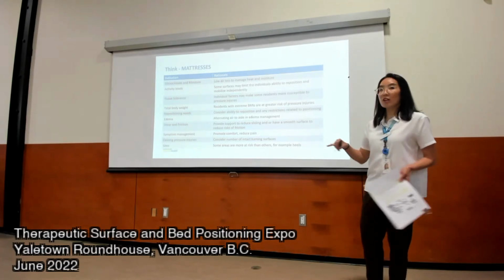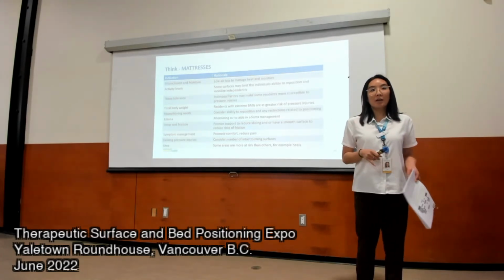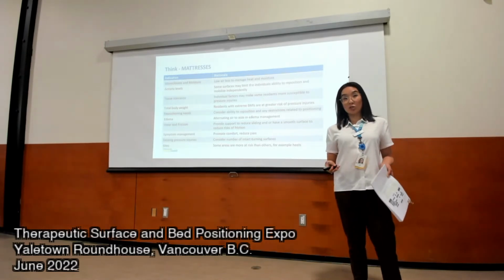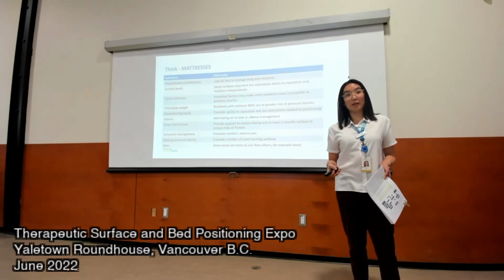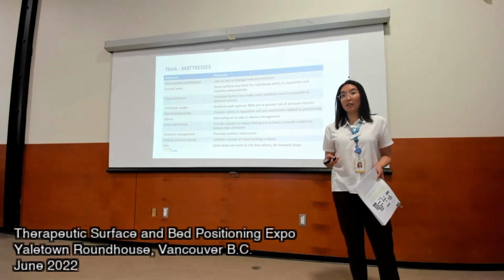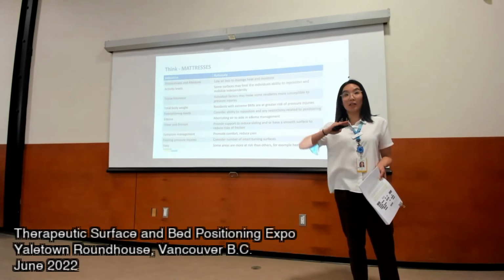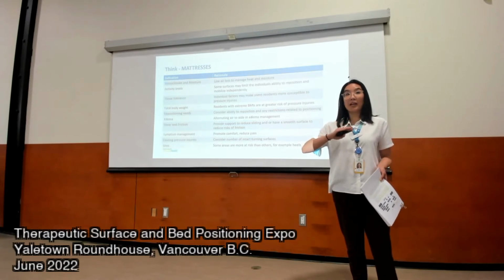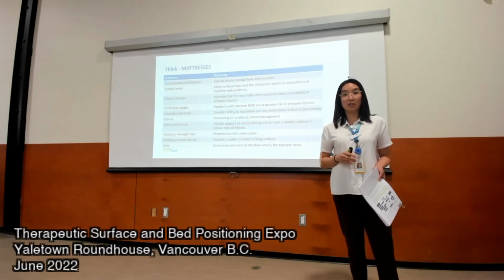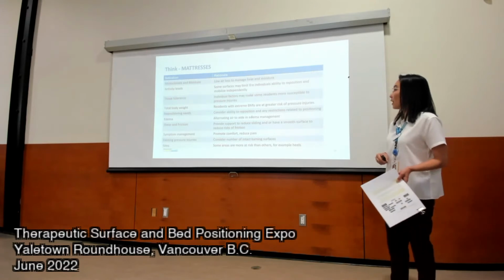Repositioning needs, so we've talked a lot about repositioning, but also consider any limitations to what a resident's repositioning needs might be. So for example, are they on a continuous tube feed and they can't be positioned any lower than the head of the bed at 30 degrees, and you might need to take that into consideration when you're choosing a mattress.